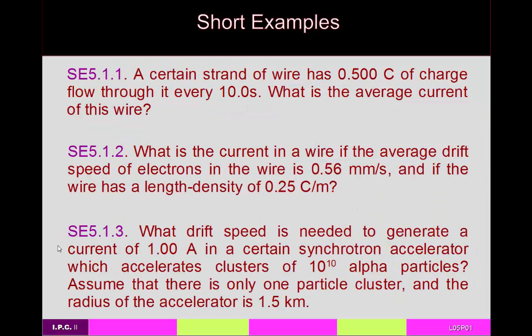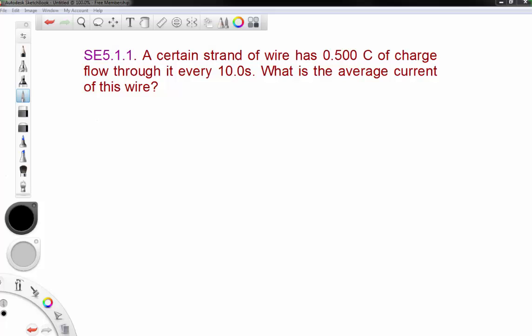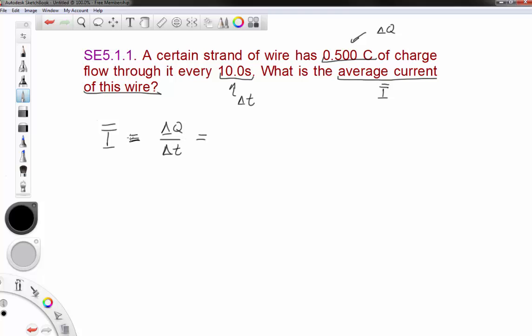So before moving on to talk about circuits, I want to go through a few short examples of what we've discussed so far. For the first question, we have that a certain strand of wire has 0.5 coulombs of charge flow through it every 10 seconds. The question is, what is the average current of this wire? So this would represent I, this would represent delta Q, this would represent delta T. The average current is going to be delta Q over delta T, by definition.